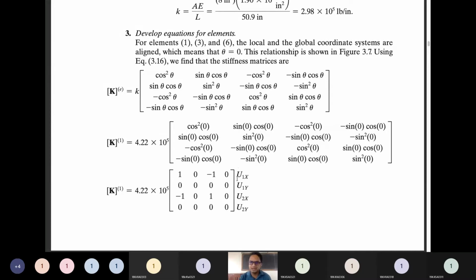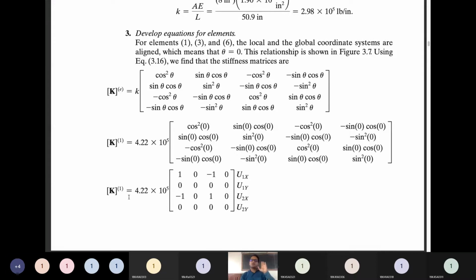It is representing the degree of freedom of node number 1 in x direction. This second is showing the degree of freedom of node number 1 in y direction. This is telling you the degree of freedom of node number 2 in x direction. Similarly, this is your degree of freedom of node number 2 in y direction.